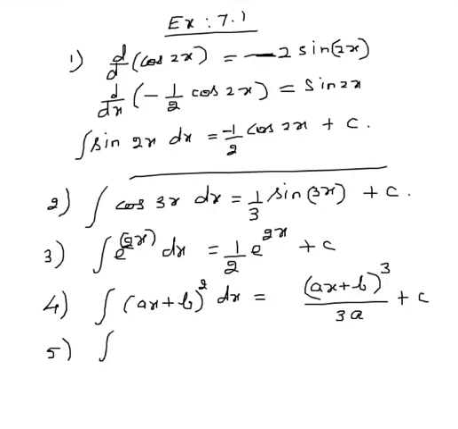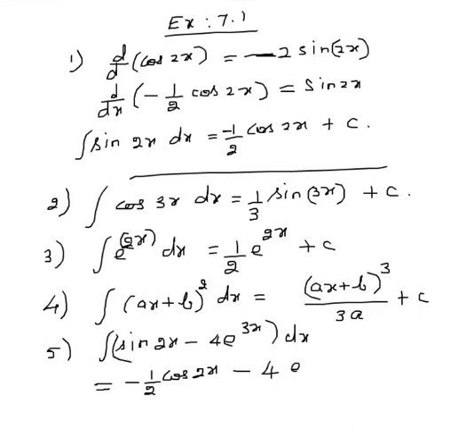Question 5. Integral of sin 2x minus 4 e power 3x times dx. For subtraction and addition, we can integrate each term separately, and integral of sin 2x is minus cos 2x divided by the coefficient of x, minus 4 e power 3x. 3x is a linear function, so the formula is applicable.